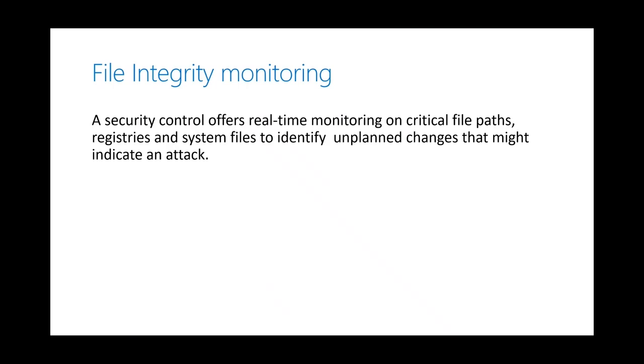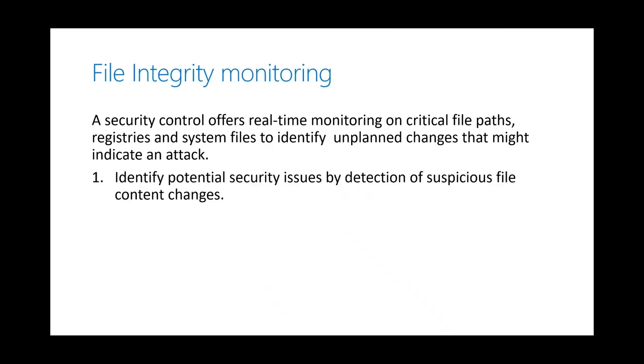By doing this, FIM can help you achieve two main goals. The first one, of course, is security. By constantly monitoring file changes, we can potentially identify a suspicious attack.